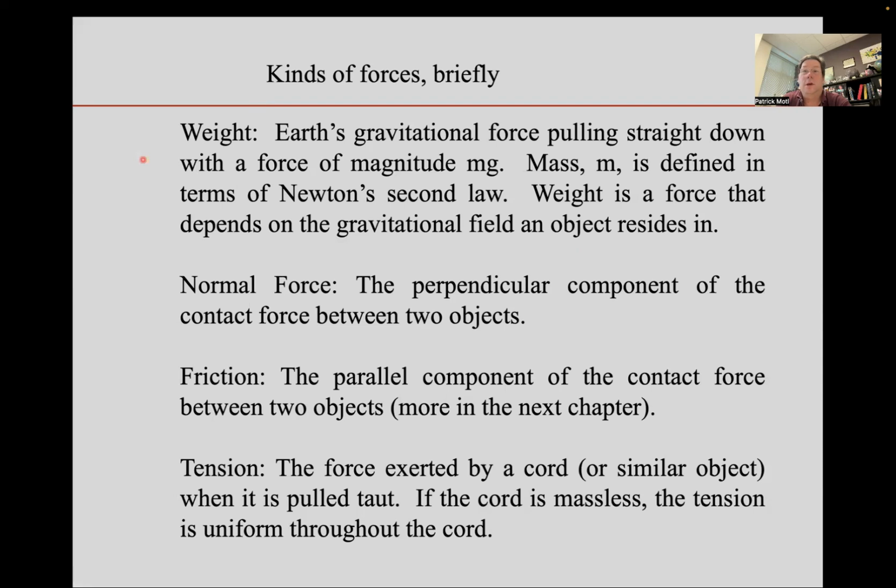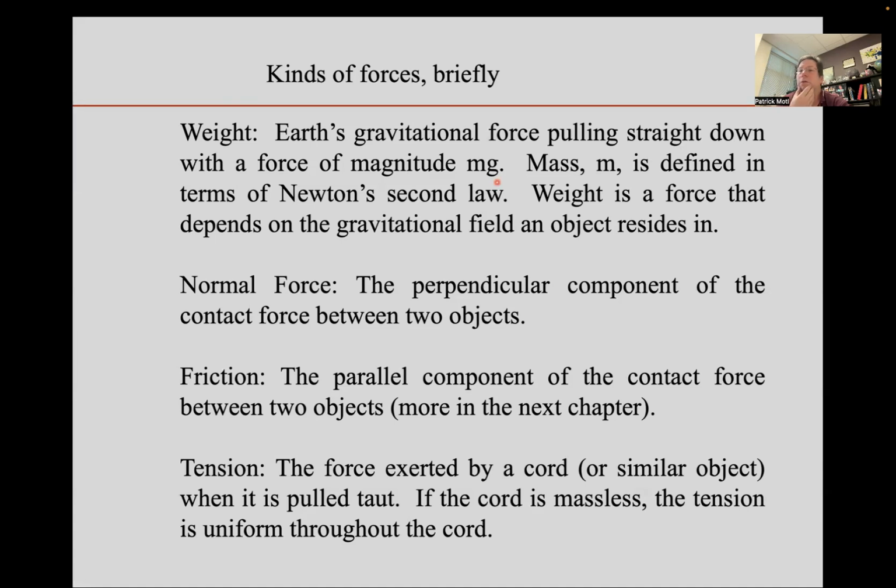The direction of weight is going to be straight down to the center of the Earth, and the magnitude of the weight vector is mg. m is the mass of the object in kilograms, and g is the acceleration due to Earth's gravity in meters per second squared. If you're taking the average value for the surface of the Earth, that's 9.8, or 9.81 if you need an extra significant digit, meters per second squared.